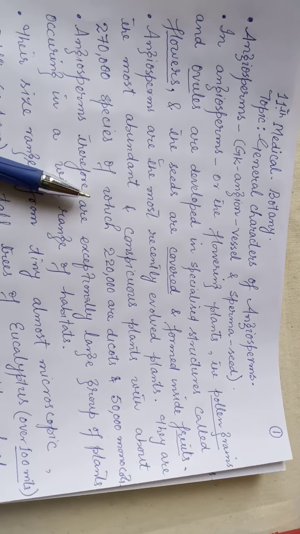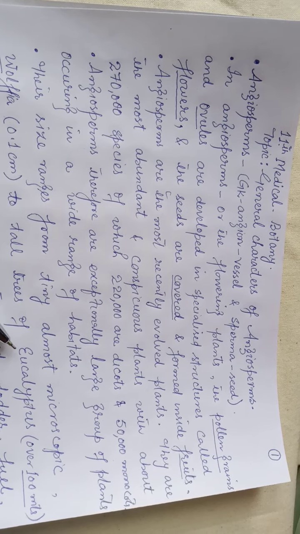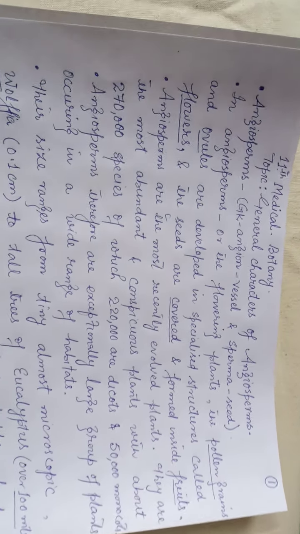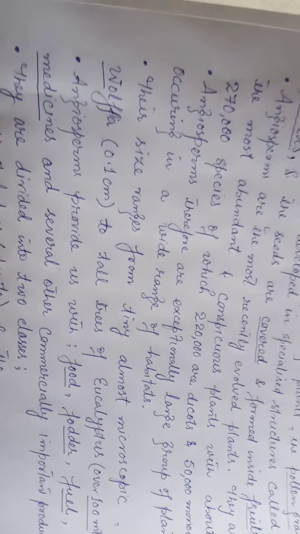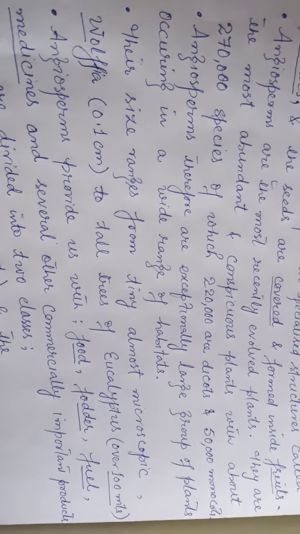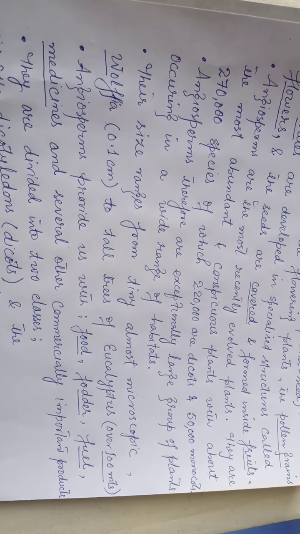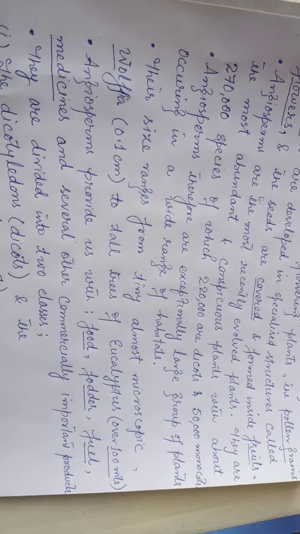Angiosperms, therefore, are an exceptionally large group of plants occurring in a wide range of habitats. Their size ranges from tiny, almost microscopic Wolffia, just 0.1 centimeter in height, to eucalyptus trees, which can attain a height of 100 meters or more.